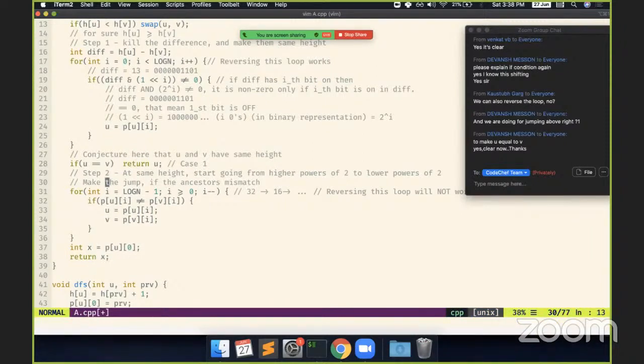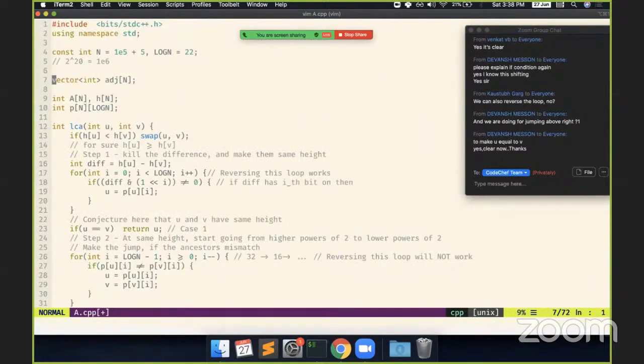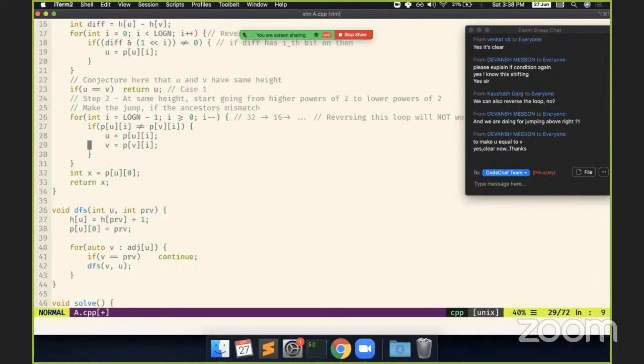Okay, I'll just remove these lines. Now, do people get it? After case 1, basically at the same height, either they are the same, so line 23 gets triggered. If they're not the same, we take the highest power of 2, and keep decreasing one step at a time, power of 2, right?